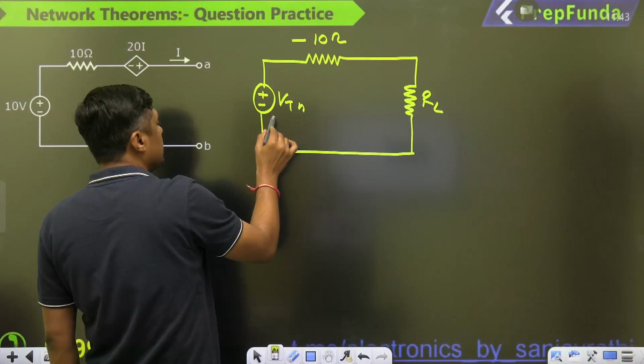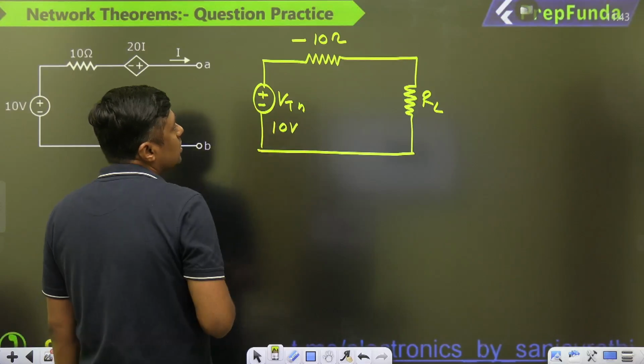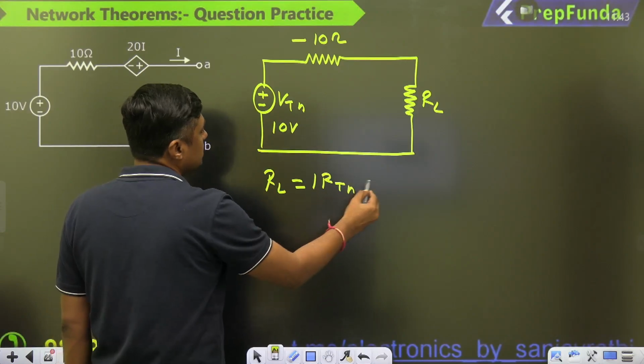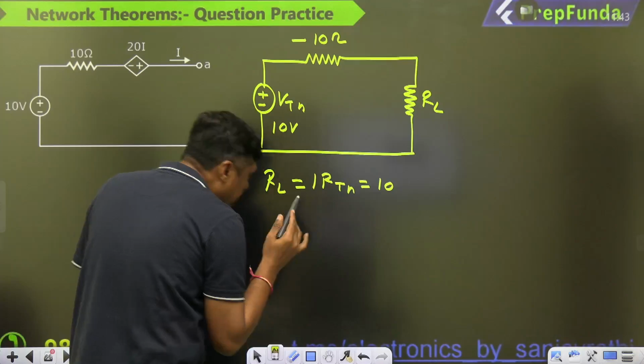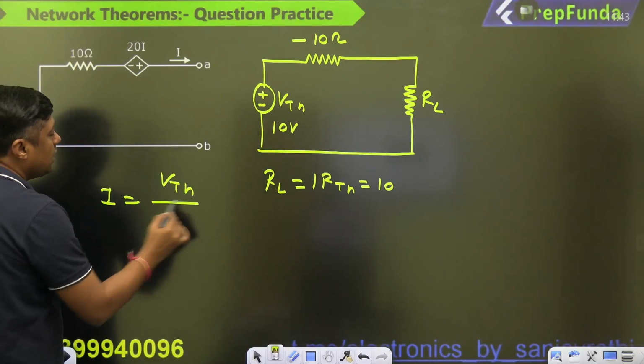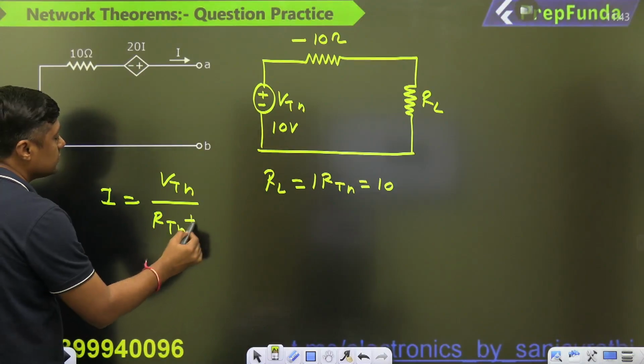And this is 10 volt. So RL should be the magnitude of RTH, that is 10. First of all, get the idea what is the current here: VTH upon RTH plus RL.